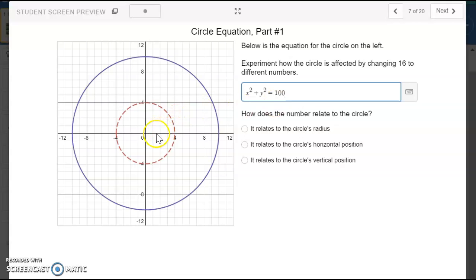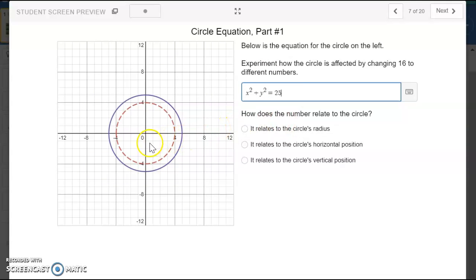When we're talking about the circle being bigger, what is determining the circle's size? It's really the radius, right? And you can see that what is the radius in this case? It extends all the way to 10. Do you see a relationship between 100 and 10? Originally it was 16.